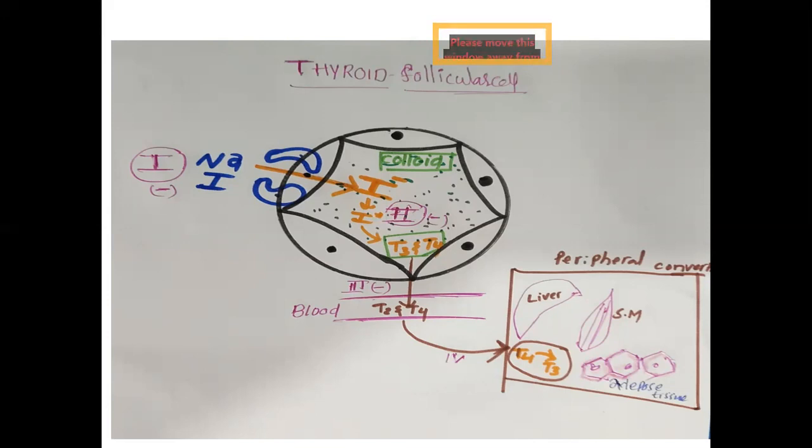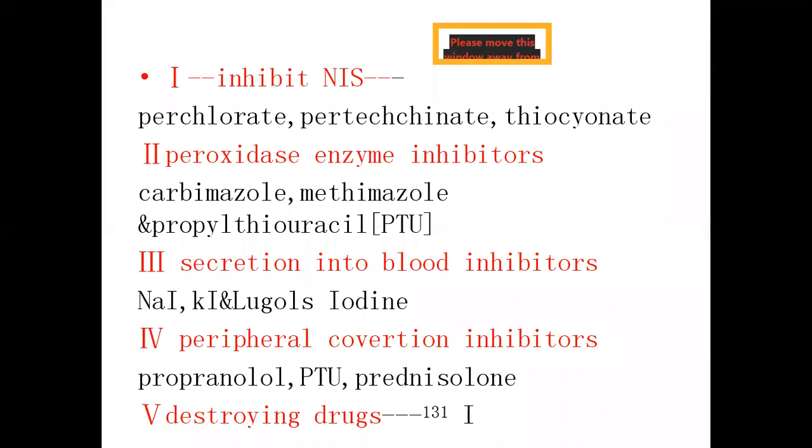And secretion inhibitors. Once these T3 T4 are synthesized, they need to come into the blood. So these secretion inhibitors are sodium iodide, potassium iodide, and Lugol's iodine.